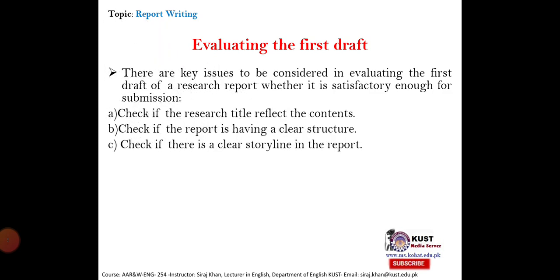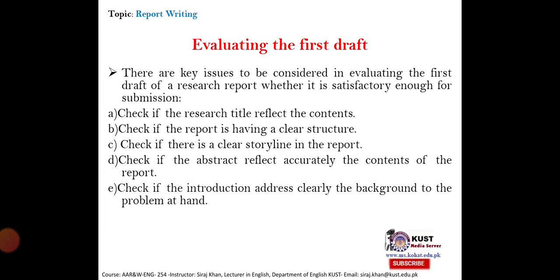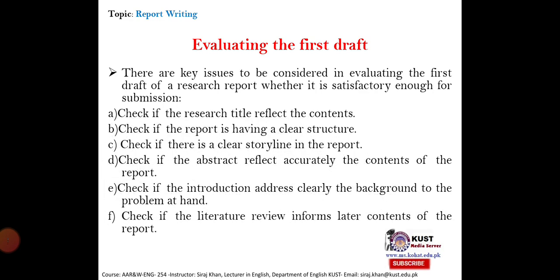It's the reflection of the title, its structure, and there is a clear storyline in the report, and the abstract reflects accurately the contents of the report, and the introduction addresses clearly the background to the problem at hand, and the literature review informs later contents of the report.